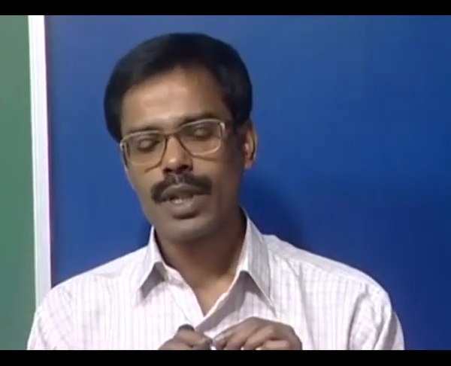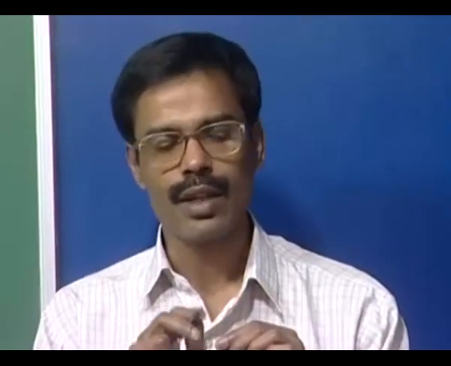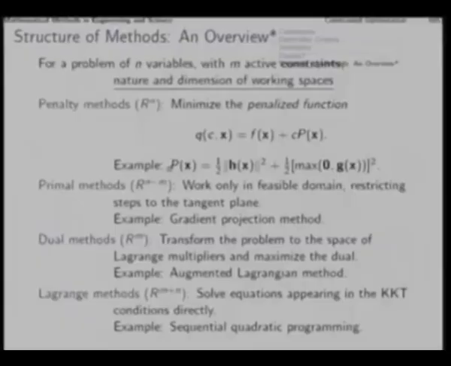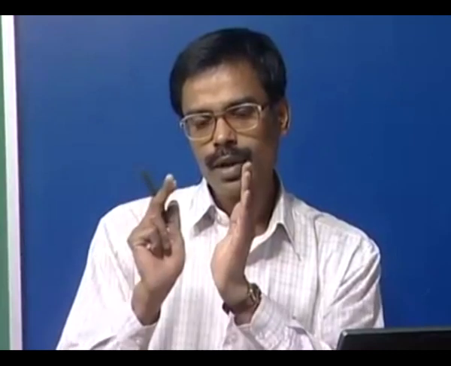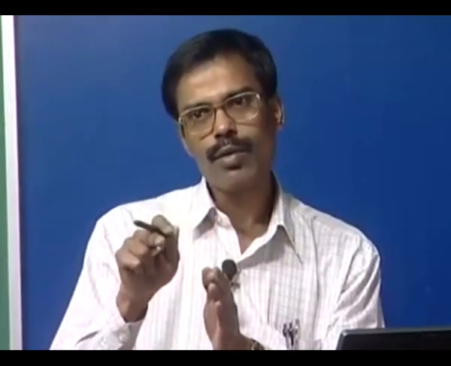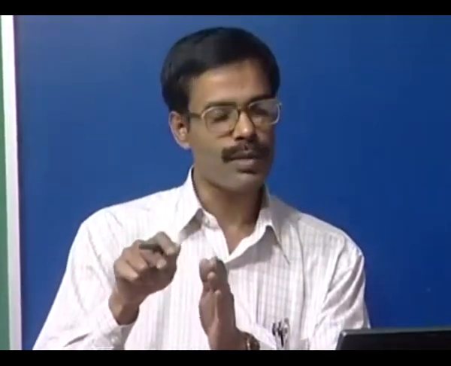That means that they start from a feasible point, and then at every step they continue in the feasible space itself. If there are m active constraints, then the dimension of the space in which they operate is n minus m, because they operate on the tangent plane of active constraints, and for inequality constraints they will work in the cone of feasible directions.